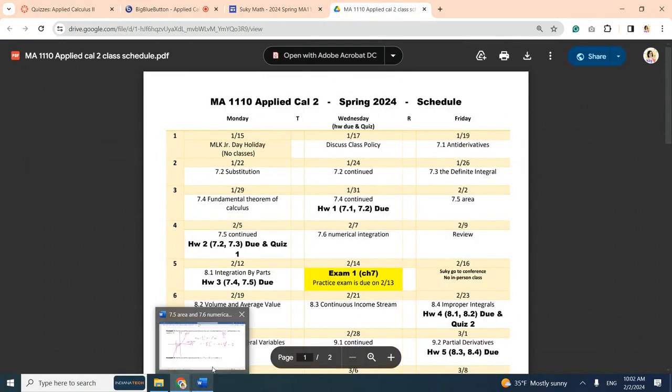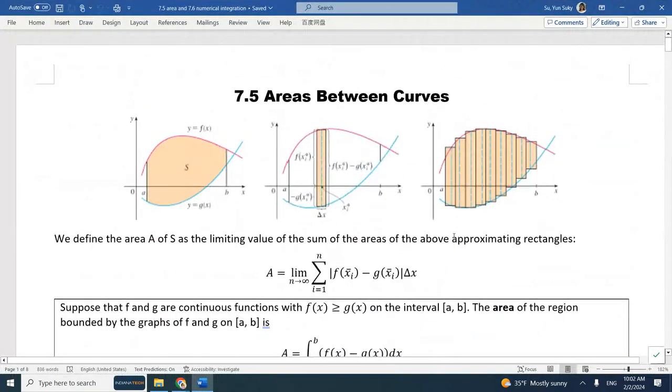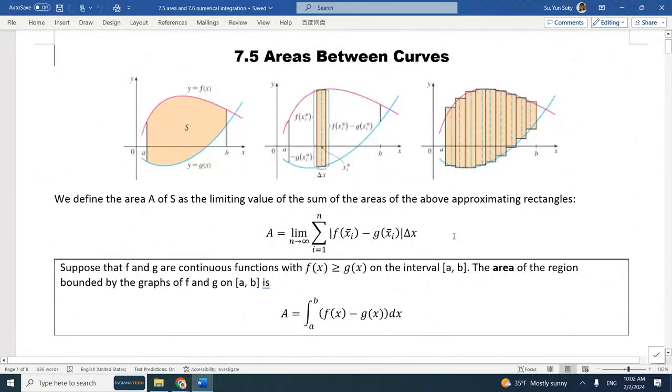All right. So let's continue on session 7.5. Area between curves. So last time we talked about how to compute the area between two functions, like the Riemann sum. We cut it into so many rectangles. So the area is the sum of the area of the rectangles.